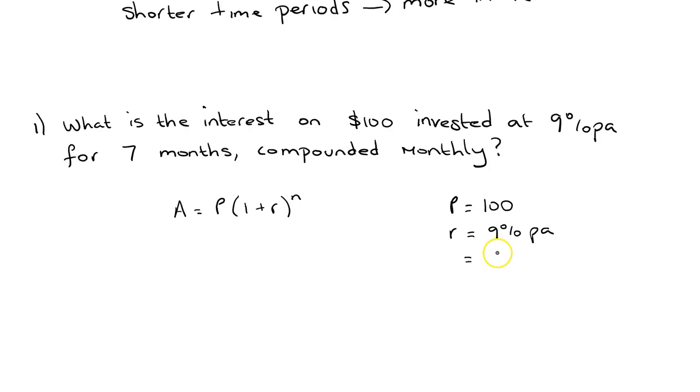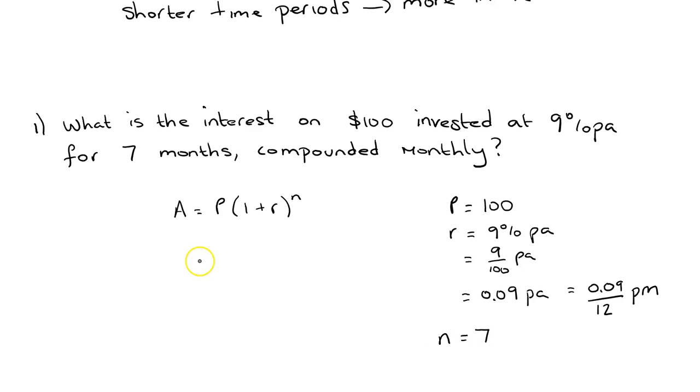So 9% was 9 hundredths per annum, which as a decimal is 0.09 per annum, which is 0.09 over 12 per month. N is already in months, so N is simply 7.